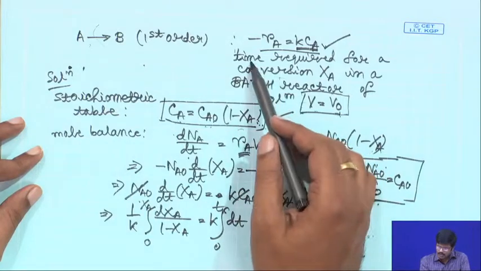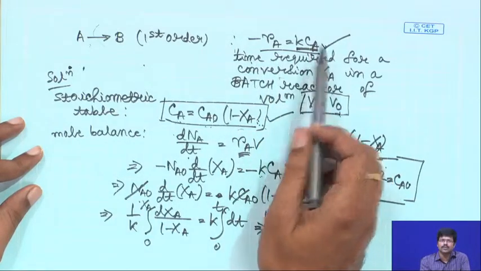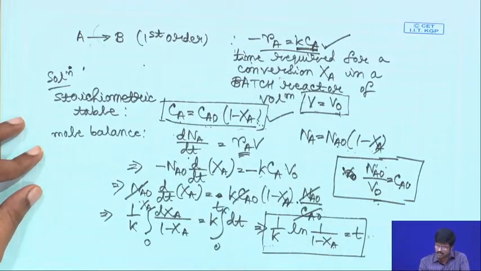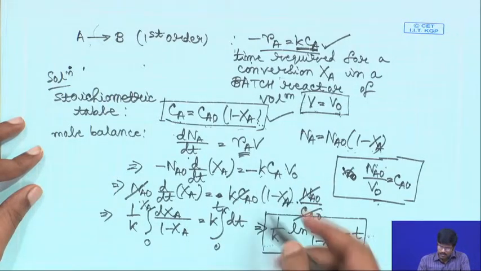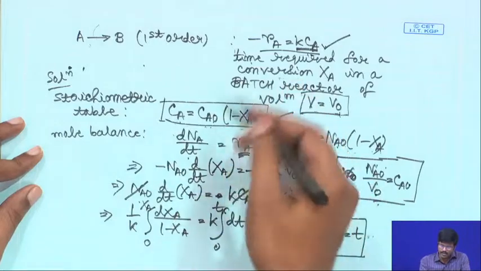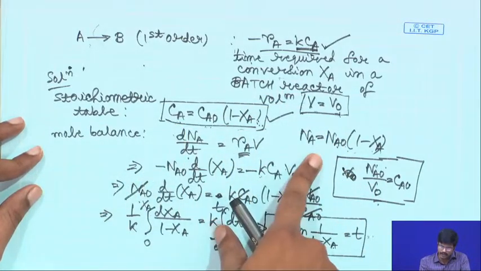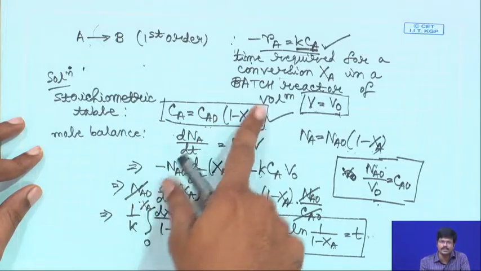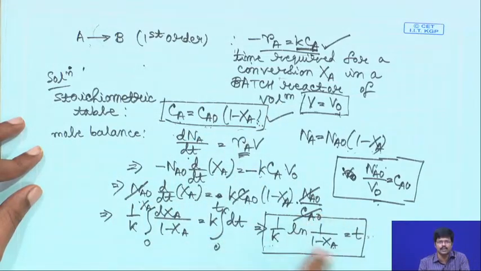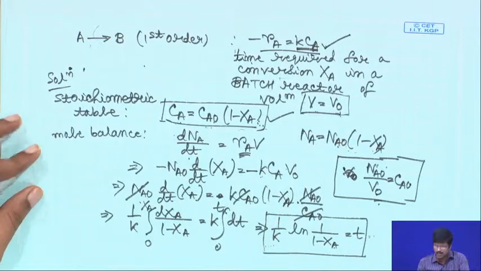Now, if the rate is second order in A, then this integration will change accordingly. You change the Ca accordingly, it will be Ca square, then this will be Ca0 square into 1 minus x square, the integral will change, and ultimately the expression will also change, but overall this is the principle.